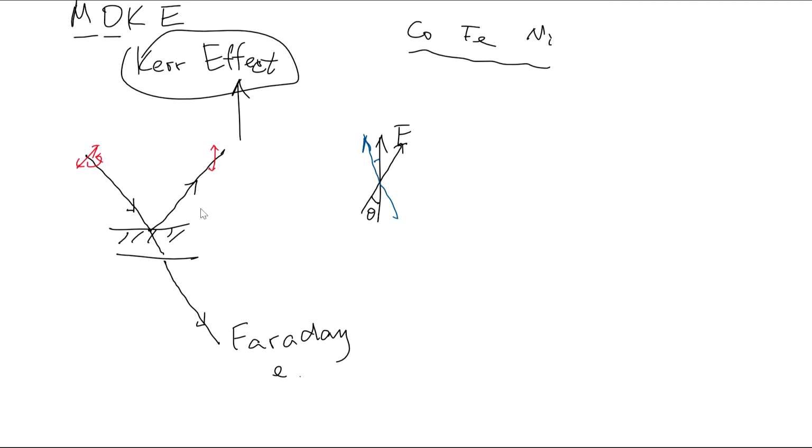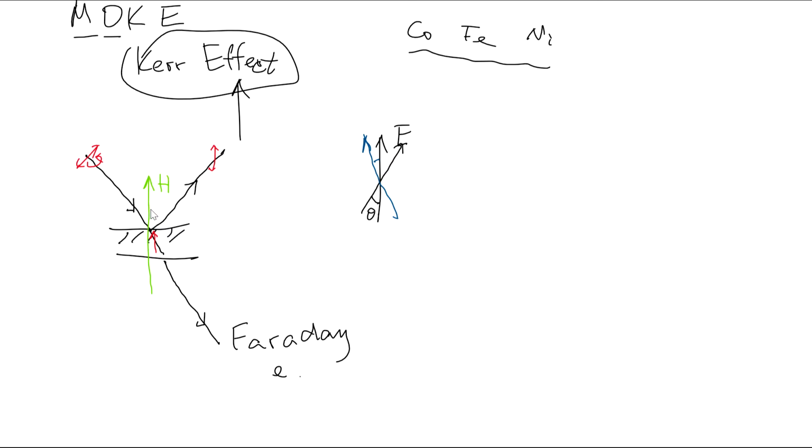Now there are different ways. When you have reflection, if you apply the field, this magnetic field H, perpendicularly to the sample, vertically, then we are magnetizing the film along the field. And in this case, with the field applied vertically, we are sensitive to vertical magnetization.